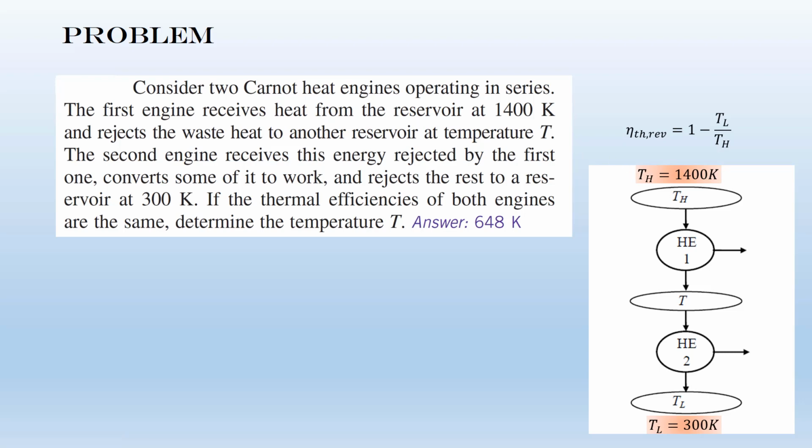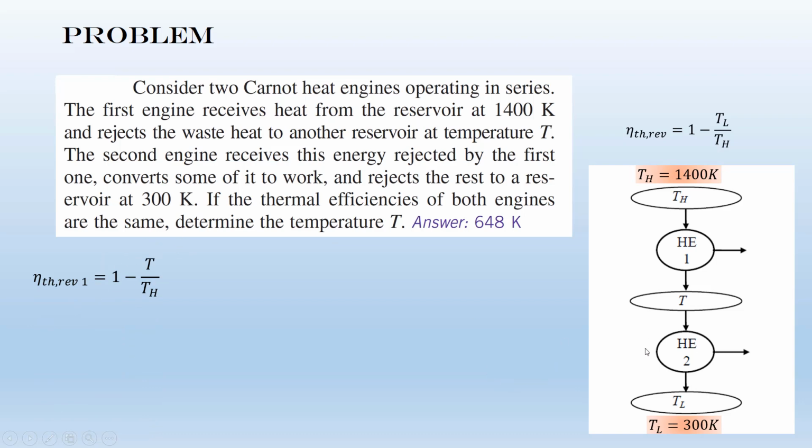And then you need to use the definition for the thermal efficiency. For the first heat engine, the thermal efficiency equals 1 minus, what is the TL for this heat engine? The TL for this heat engine is T, correct? Over TH. This is the first thermal efficiency.